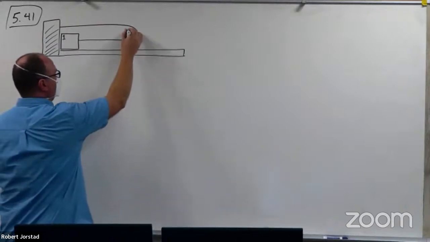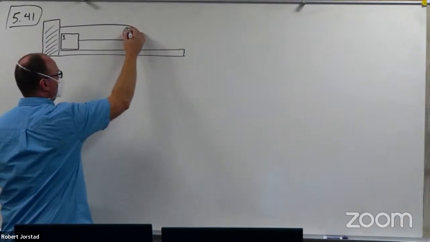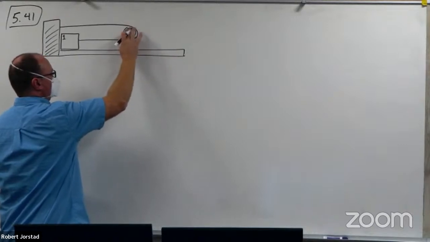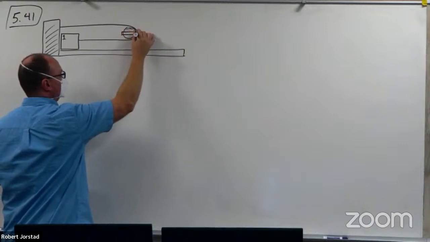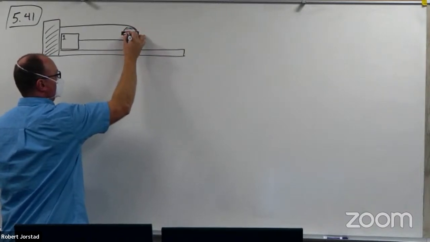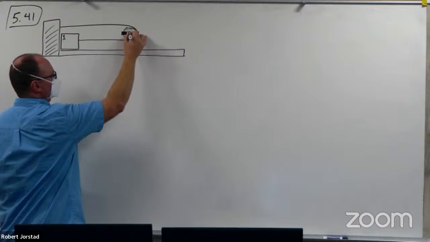Okay, and then there's a pulley here. Maybe I'll draw this pulley a little bit more accurately, just so it makes sense. Typically with a pulley, there's an axle at the center, and there's like this little thing holding the axle in place.